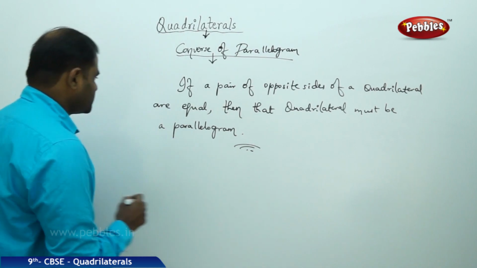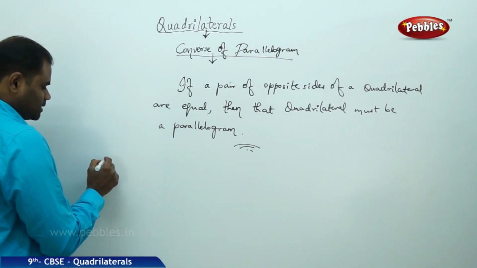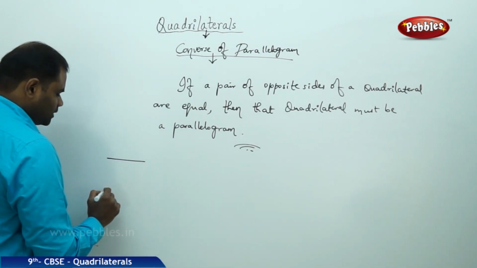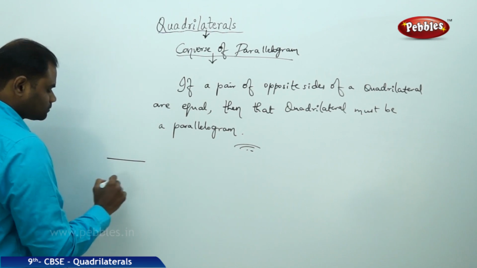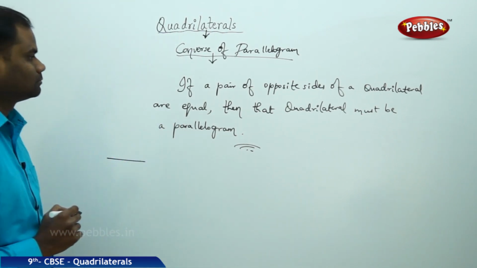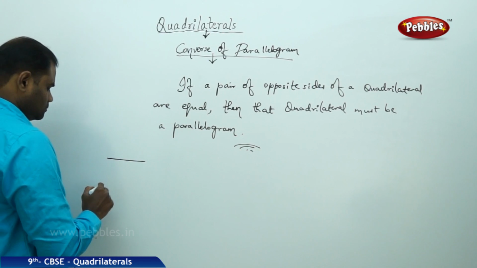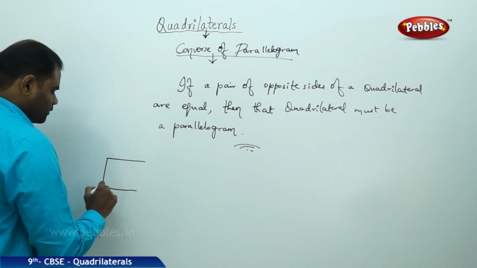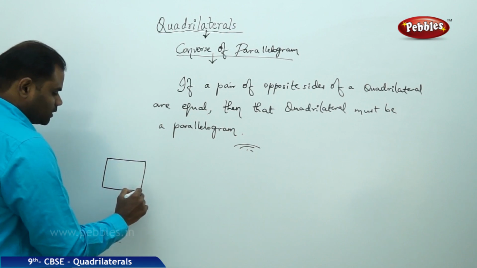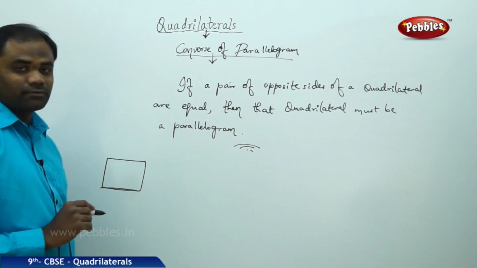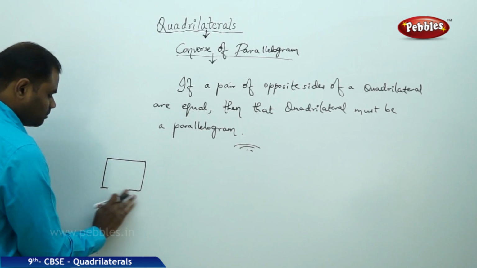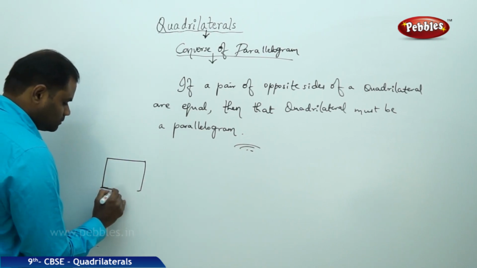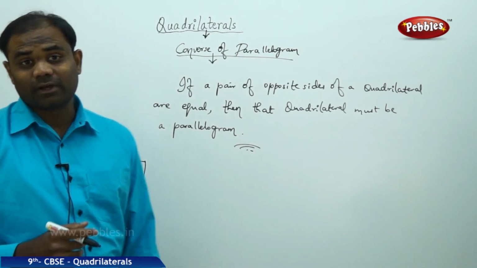That is, if I take the pair of opposite sides, two lines of equal lengths, and I take two pairs of equal lines and form a closed figure, then that closed figure must be the shape of a parallelogram, is how the property defines.